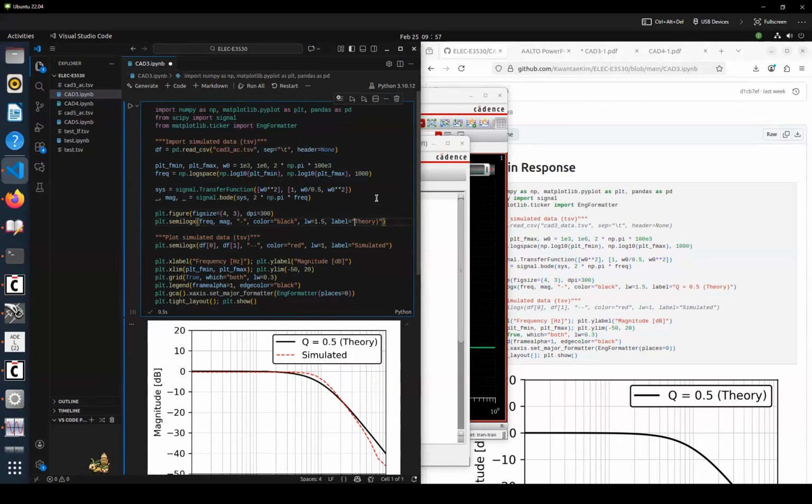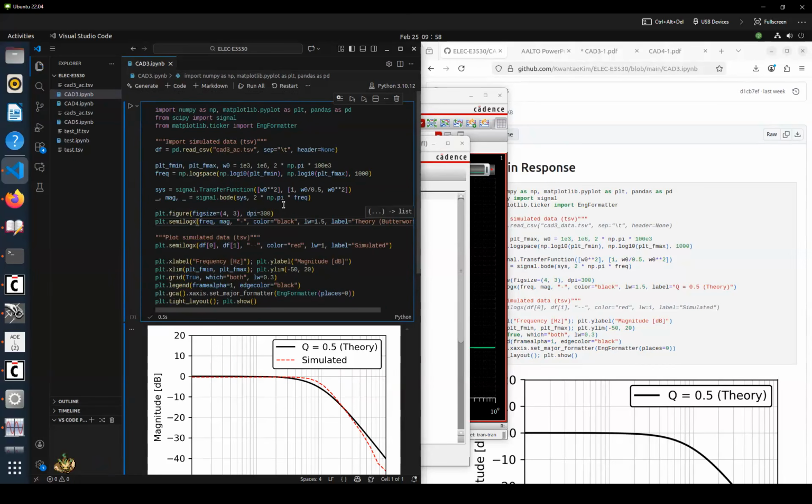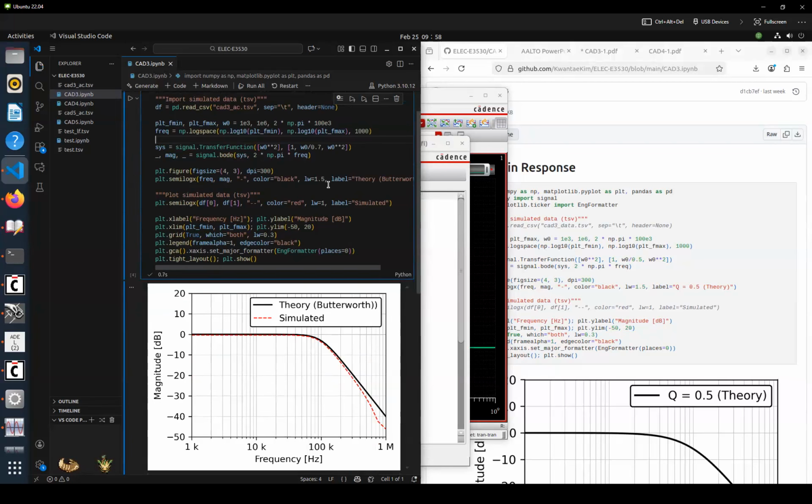Let's call theory Butterworth. And where is the Q factor? Oh, here. 0.7. Yeah, then it matches quite well, except for some high frequency things.